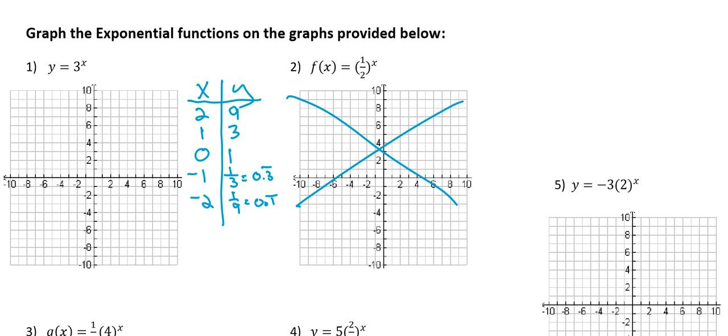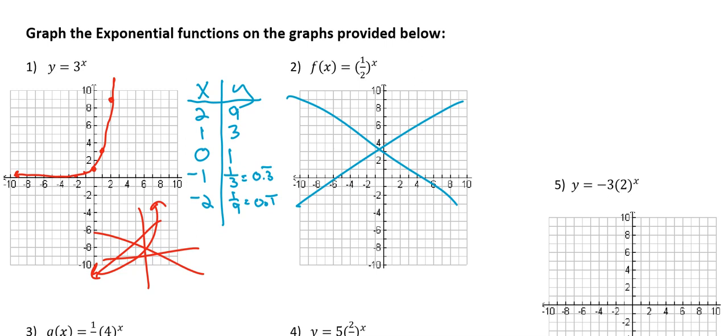So it's 2, 9, 1, 3, 0, 1. You have like 0.3, and so on. So make sure your graph looks like a curve. And just make sure you don't cross the y-axis. So your graph shouldn't be like this.